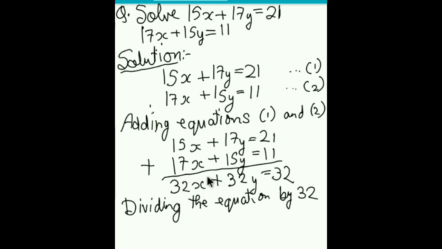Whenever we are dividing any equation by a number, we have to divide each term. So 32x upon 32 will be x, plus sign will remain as it is. 32y upon 32 will be y, which is equal to 32 upon 32 will be 1.